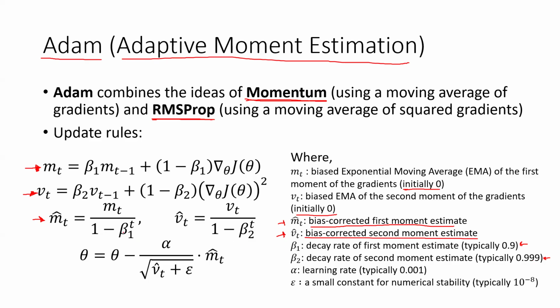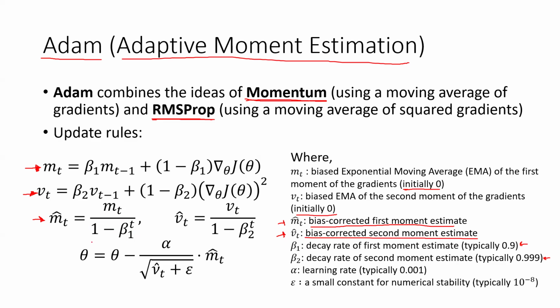If you take beta 1 to the 0th power, this should be almost close to 1, so 1 minus a value very close to 1 would be a very small value. In the earlier stages of the algorithm, t would be very close to 0, so this value would be very small.